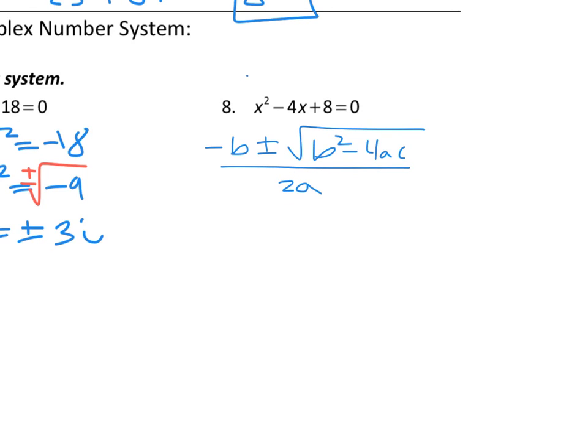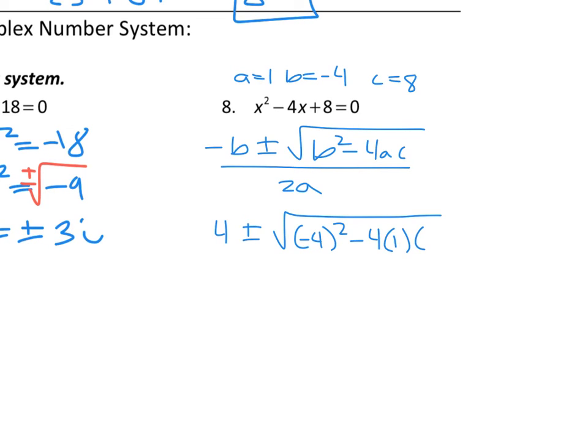So if my a is 1, b is negative 4, and c is 8, the opposite of b is going to be positive 4 plus or minus the square root of b, which is negative 4 squared minus 4 times 1 times 8 over 2 times 1.